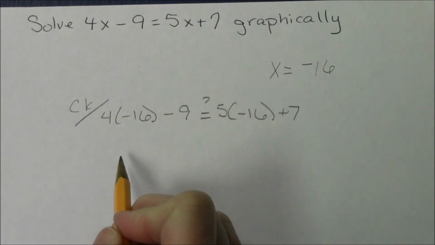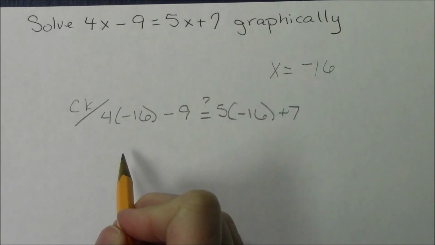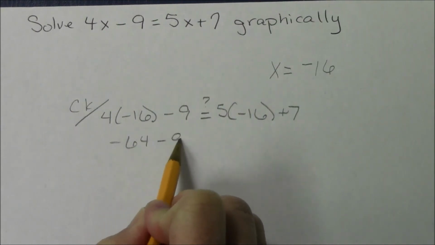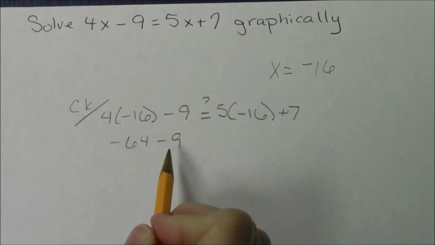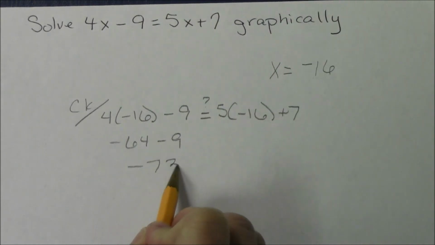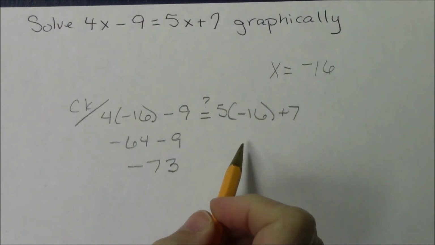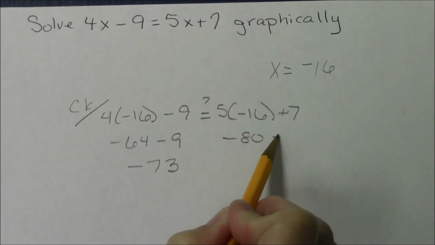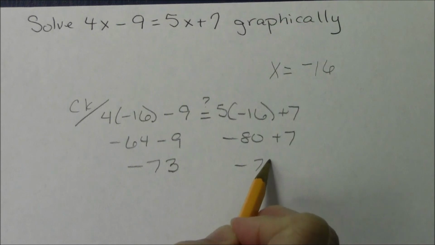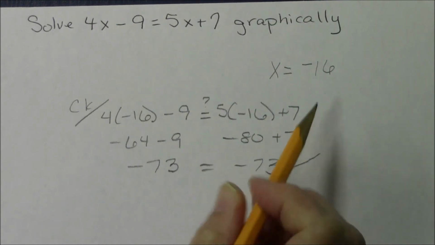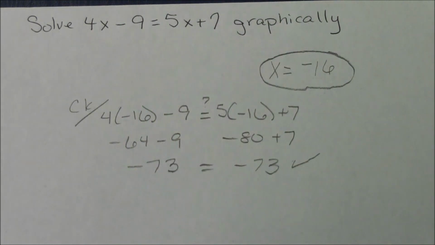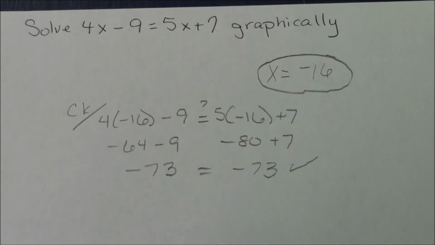Okay, 4 times -16 is -64. -64 minus 9 is -73. 5 times -16 is -80. And -80 plus 7 is -73. They do equal each other. They check out. So x equals -16 is your actual answer to this problem.